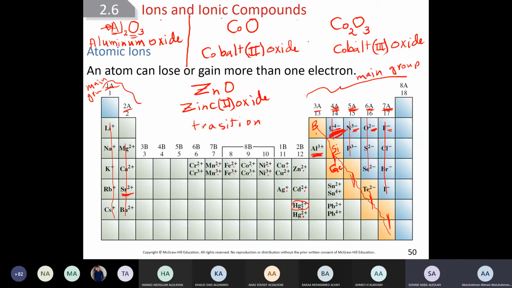So for any element in the transition group, we should mention the oxidation number. So we have to know the oxidation number. We have to memorize. Doctor, there are elements in the main group with 2 charges.